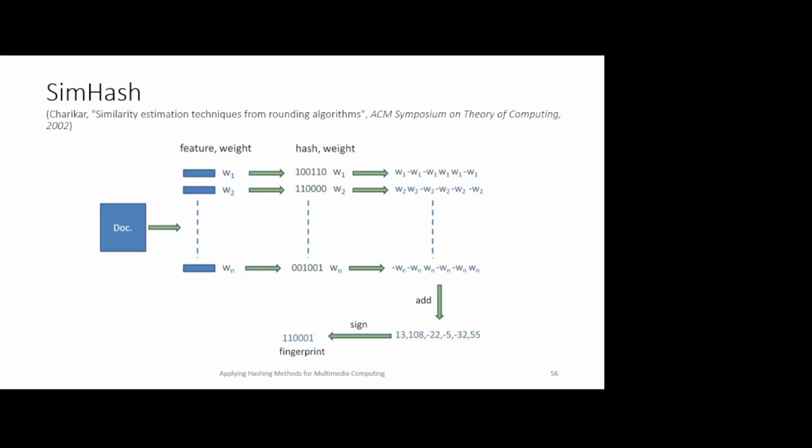Then this fingerprint is used to express this document. Okay, so it's an easy idea to compress or quantize a document by following these steps to generate a very compact binary code as a fingerprint. Okay, any problems?